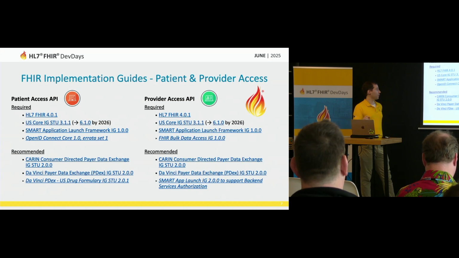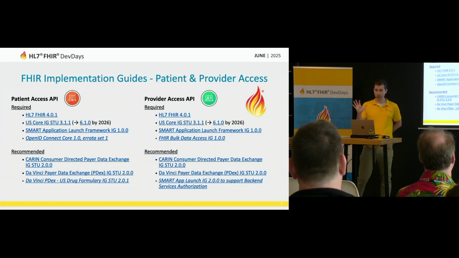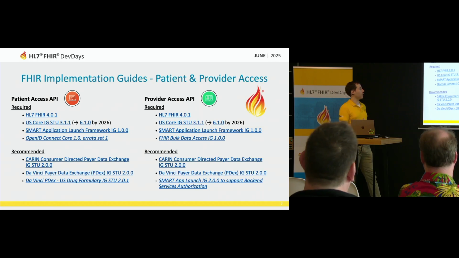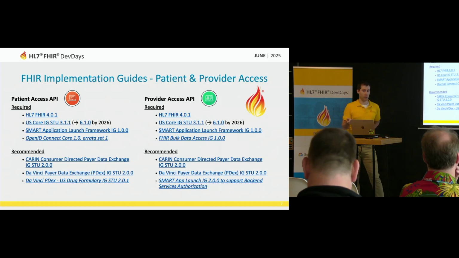So let's look closer at which IGs are specified quite literally in the text of these federal regulations. And there's a lot of overlap. The main requirement is to support FHIR R4 and US Core 3.1.1, although US Core 6.1.0 will be required by the end of this year.